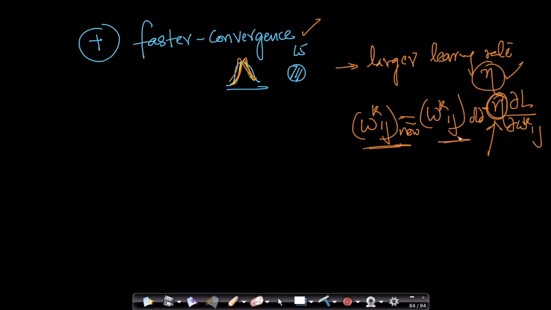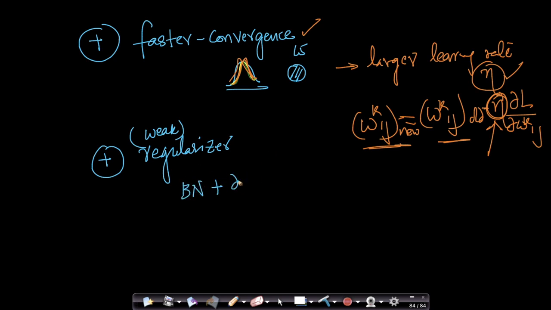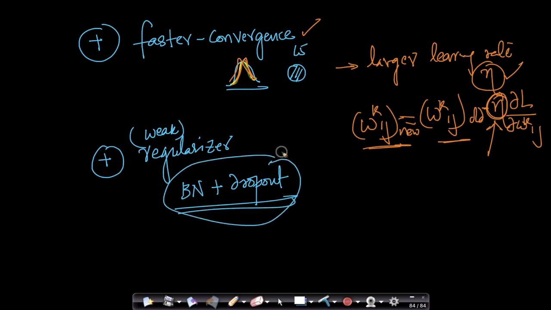which means you're converging faster, right? The second thing here is batch normalization also works as a regularizer, a weak regularizer. I should call it a weak regularizer, not a very strong regularizer. But you should use batch normalization in addition to dropouts. Please don't skip dropouts for regularization. Dropouts do very good regularization. Batch normalization also has tendencies to behave like a regularizer.